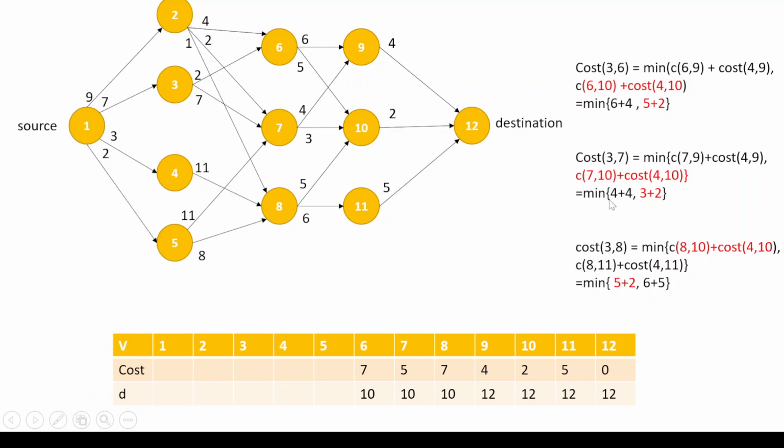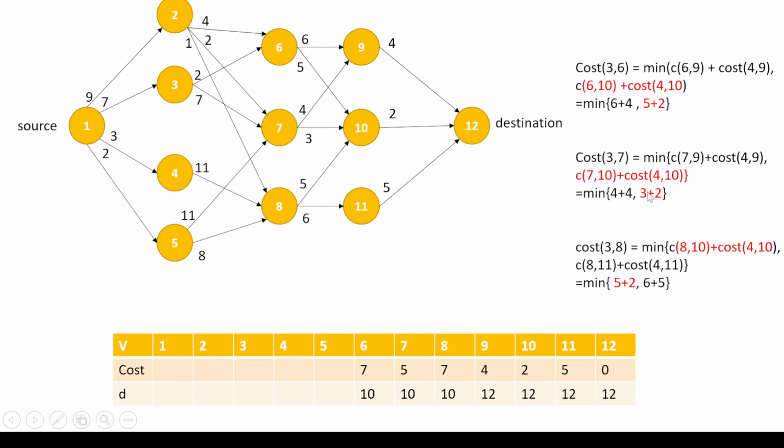So I'll get minimum of 4 plus 4 comma 3 plus 2, where minimum is 3 plus 2. Which vertex is giving 3 plus 2? This vertex, that is 10, right? So I can say if I move through 7 to 10, I will get a minimum cost compared to when I move through 7 to 9 and then 9 to 12.